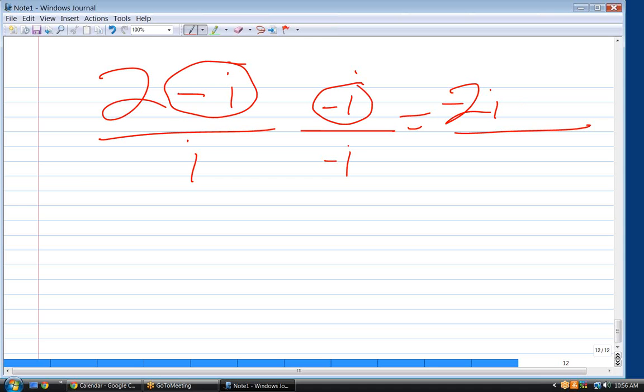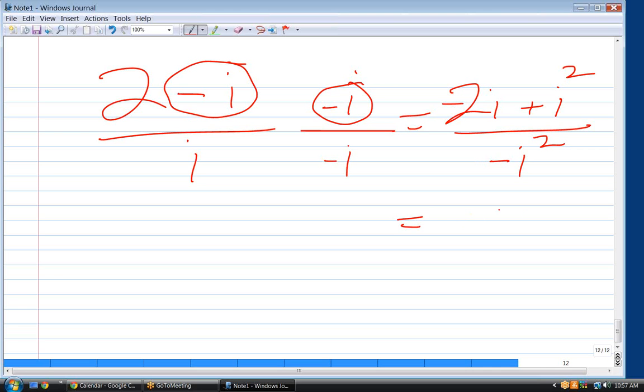What is that times that? Positive i squared. What's the bottom? i times negative i is negative i squared. Simplify the top. Negative 2i minus 1.